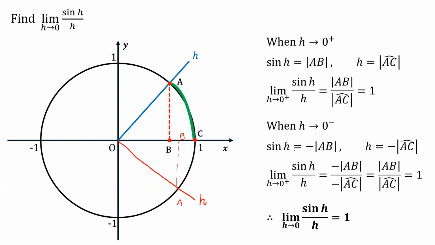So sine h is actually a negative number, which is negative the length of section AB. Similarly, angle h in radian measure is, according to the definition, also a negative number, which is negative the length of arc AC, right? Which is this length. So here, similarly, this should be approaching 0 from the negative side.